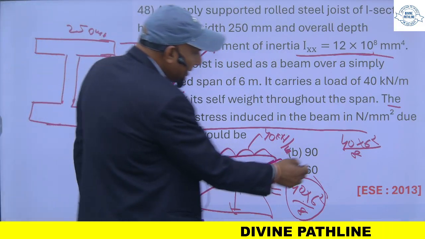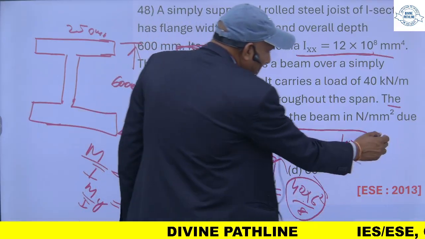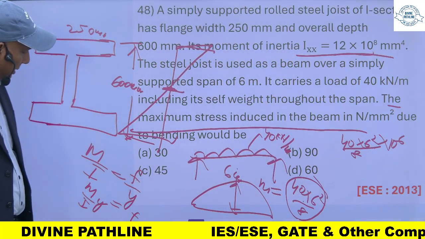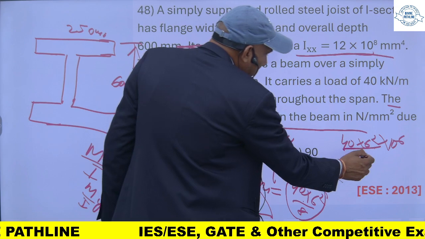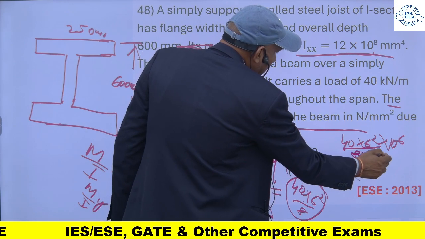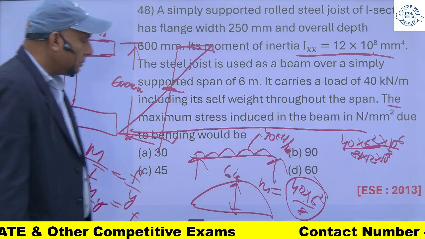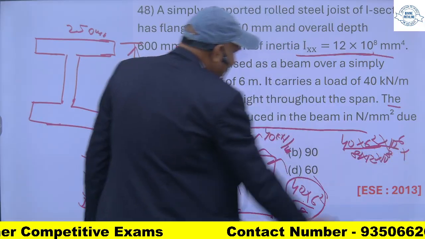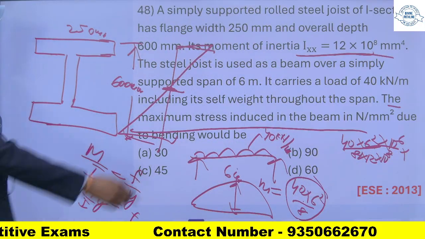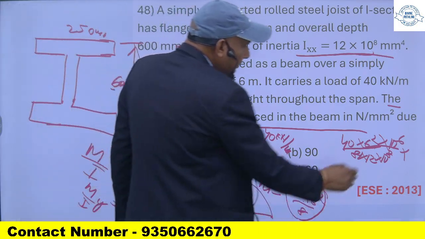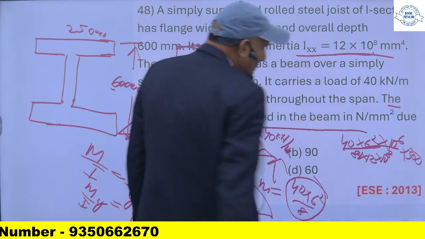Remember this is in kilonewton meter, so I will convert it to Newton per mm by multiplying by 10 raised to power 6, divided by I into Y. Y will be the distance between the neutral axis and the top fiber. This will be 300.